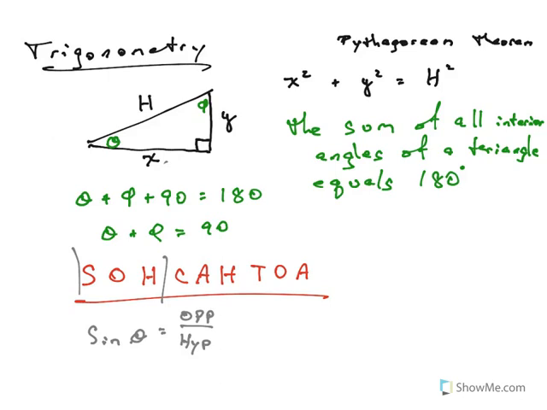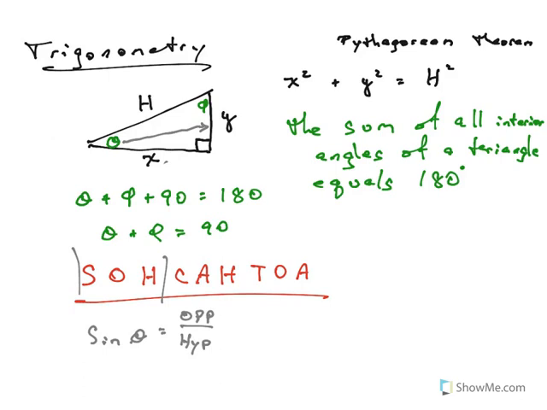So that's your SO part, sine, opposite, hypotenuse. And remember, when I say opposite side, you start at your angle theta on my triangle, and look at the side which is opposite to it. Adjacent would be the side next to. Okay? So that's the first one. The SO part of Sohcahtoa relates sine of the angle to the opposite side and the hypotenuse.